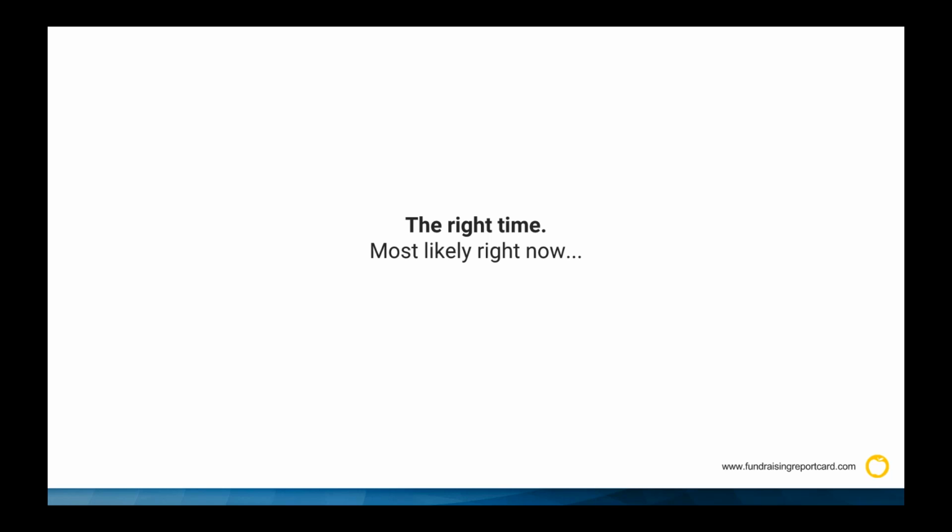If that wasn't the case, and that's why it says most likely, if you need to do a more formal, more sophisticated analysis, then you really need to think through when is the right time.